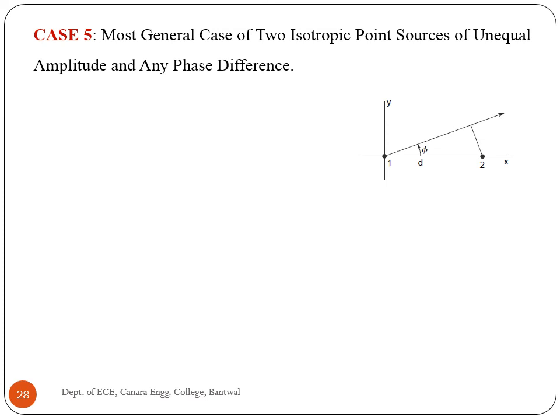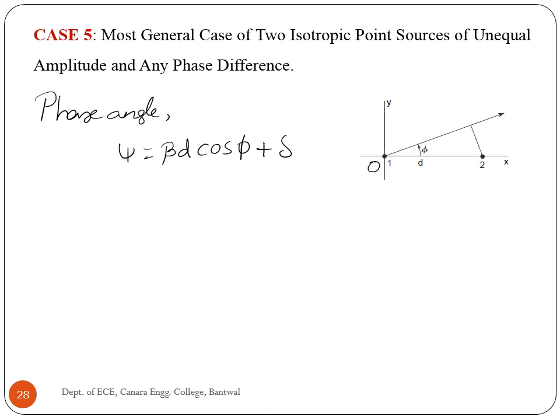Case 5. Most general case of two isotropic point sources of unequal amplitude and any phase difference. Let source 1 be placed at the origin of coordinate system as the array has a phase difference of delta. Then phase angle xi is equal to beta d cos phi plus delta.